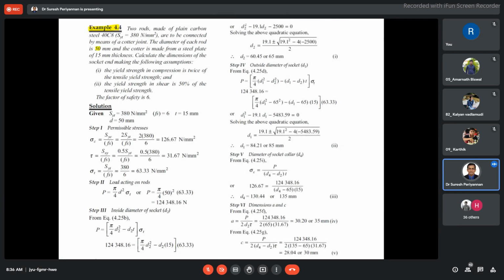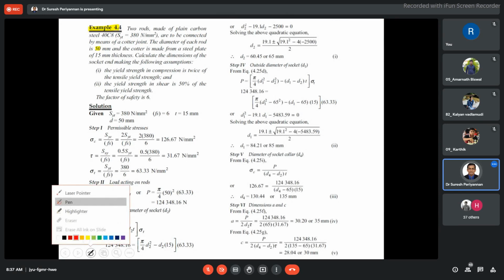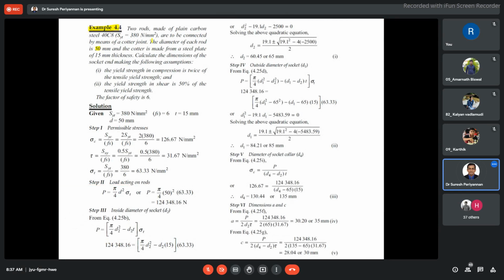Okay, see here, two rods made of plain carbon steel, 40C8. The material identification they have given is 40C8. The yield strength of the material is 380 Newton per mm squared. Now, they are to be connected by means of the quarter joint.